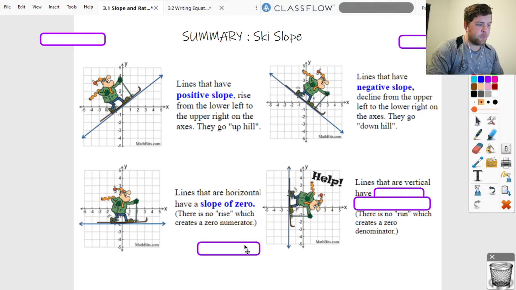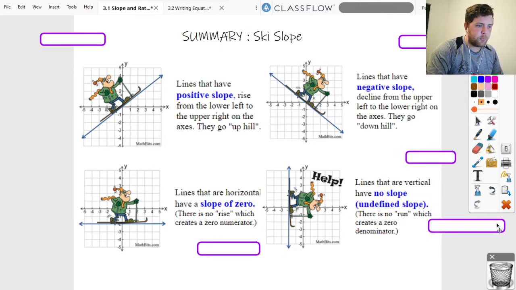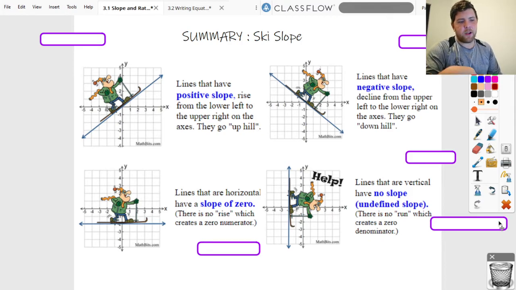If you're skiing and you're on a flat hill, you're having zero fun. And if there is no slope, it is an undefined slope. There's no run to create that. If you have no slope, you have no shot of stopping your ski.